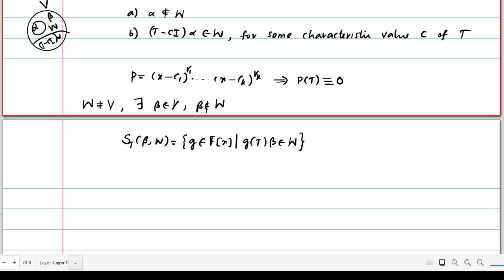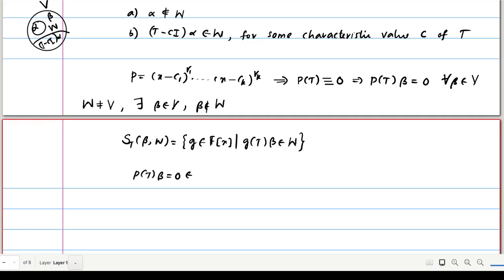Then p(T)beta equals 0 for all beta belonging to V. Therefore, in particular, this is true for this beta, so p(T)beta equals 0, which is also in the subspace W. This implies p belongs to S(beta; W).